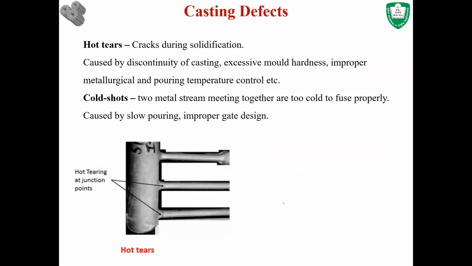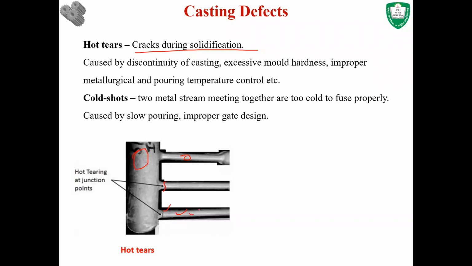Hot tear occurs basically when cracks form during solidification. When the material solidifies, it has a larger section and a smaller section connected, and this connection region produces cracks like this because of the mismatch of cooling during solidification. This section takes a larger time for solidification, and this takes a small time for solidification.